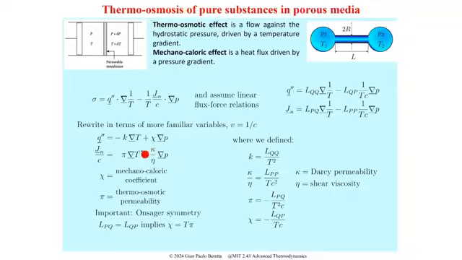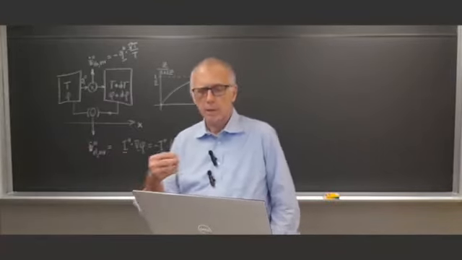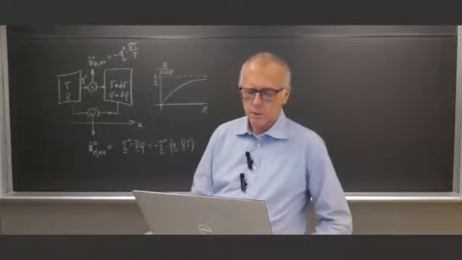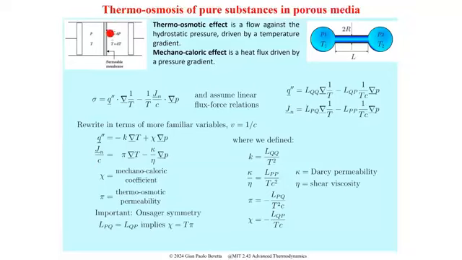Because if you had only this diagonal term here, this is simply Darcy's law of flow, like in a capillary or in a porous medium driven by the gradient in pressure, which is what you would use, for example, to describe the flow in a porous material or a permeable membrane, like here, or in a capillary tube or in a microfluidic device or things like that.